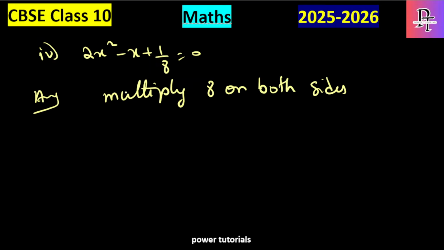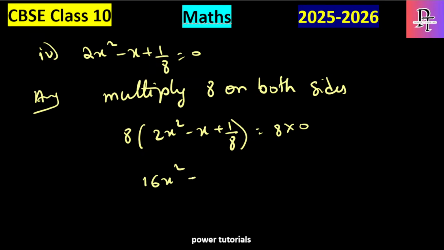If I multiply 8 on both sides, I will get 8 into 2x square minus x plus 1 by 8 is equal to 8 into 0. Anything into 0 is 0. So now if I multiply, it becomes 16x square minus 8x plus 1 is equal to 0.